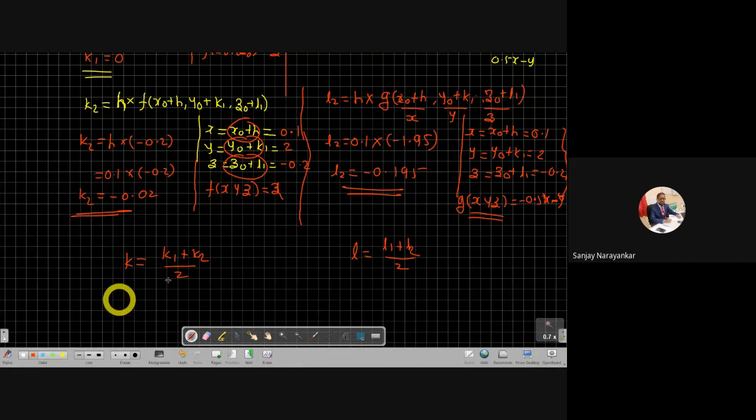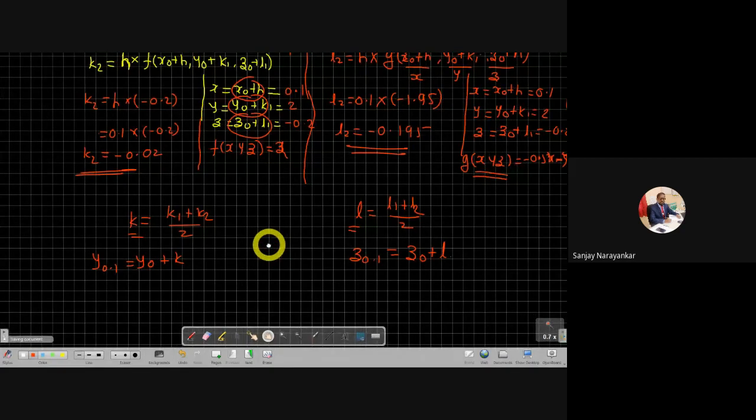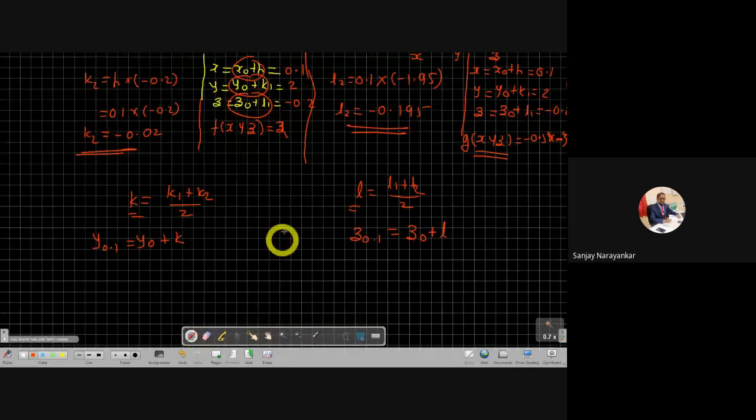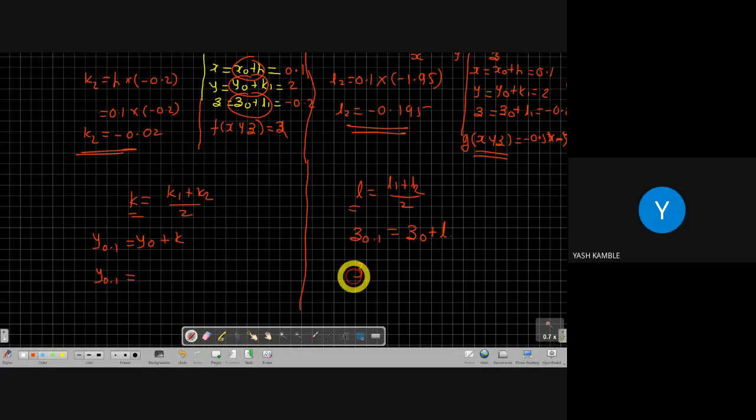So after finding out K and L, you just find out Y at 0.1 is equal to Y0 plus K, and Z at 0.1 is equal to Z0 plus L. Tell me these values. K value is minus 0.01.